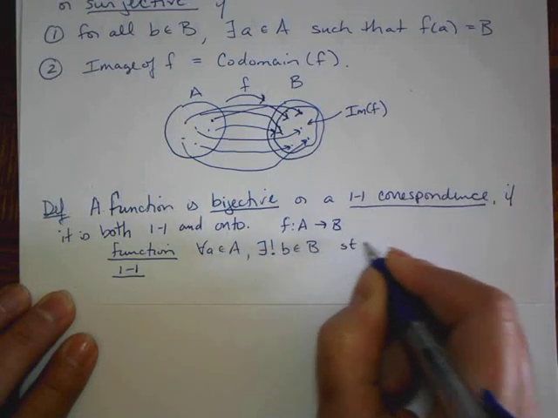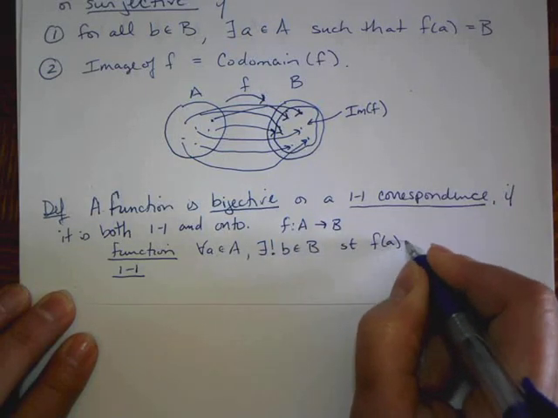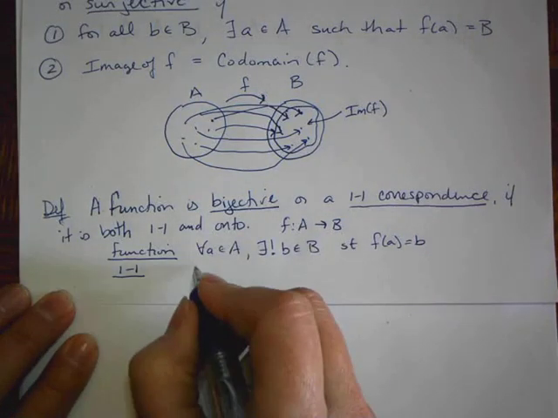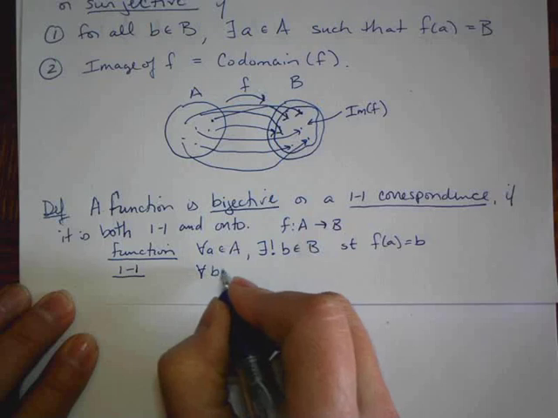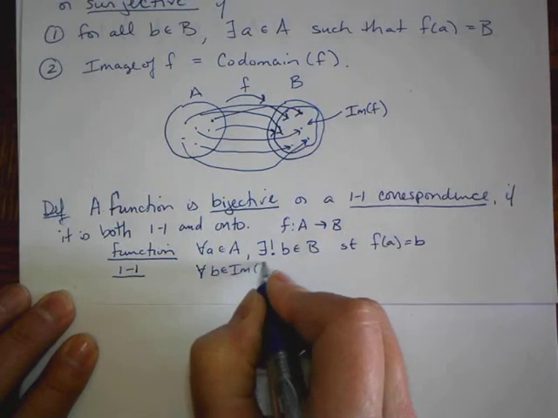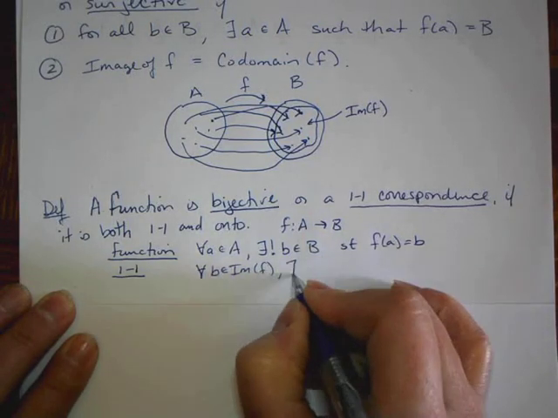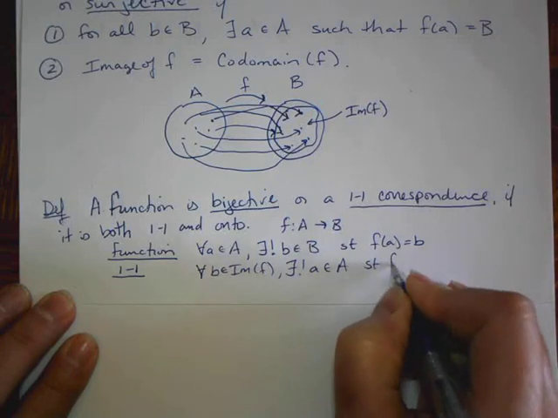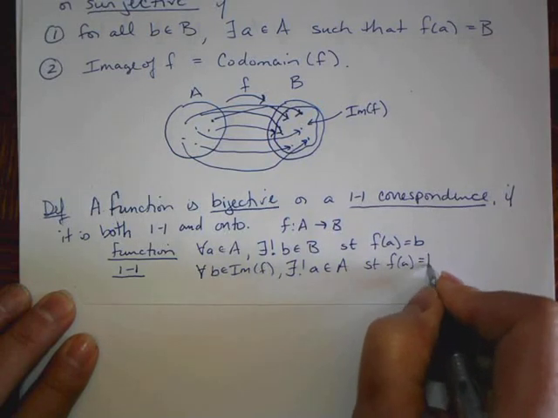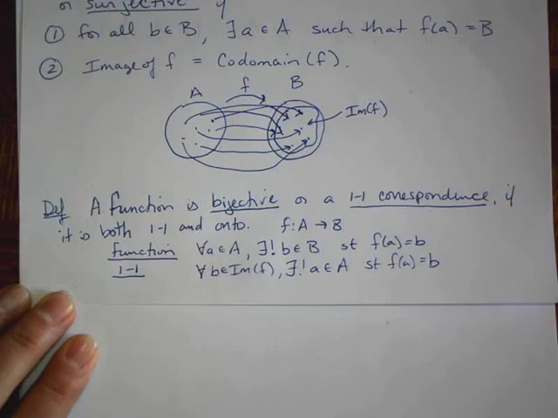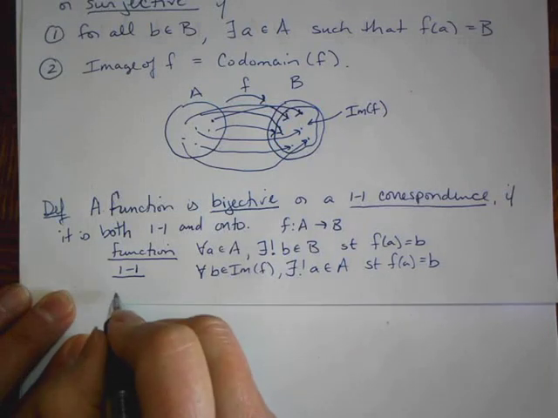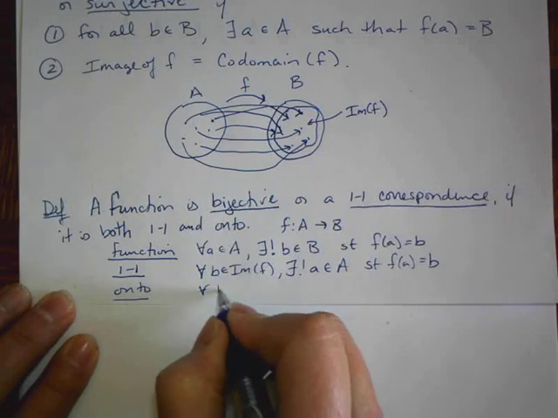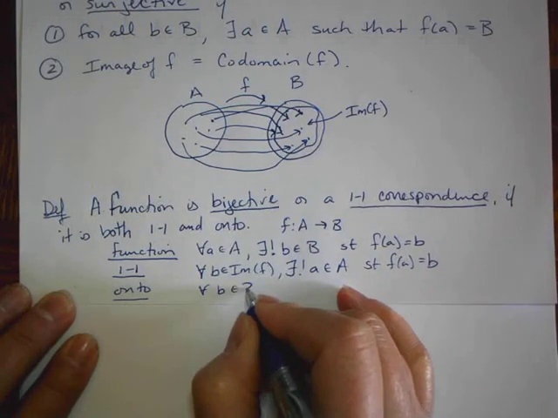Definition of function is for all A in A, there exists a unique B in B such that f of A equals B. Definition for one-to-one: for all B in the image of f, there exists a unique A in A such that f of A is equal to B.